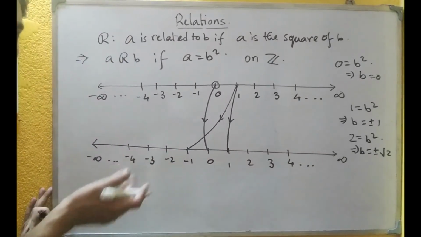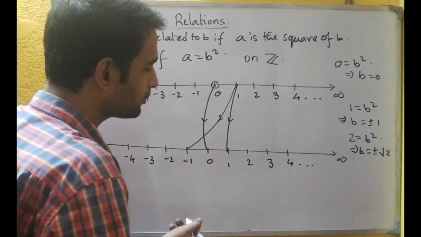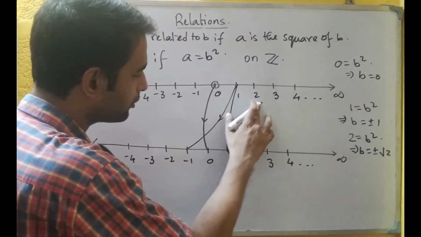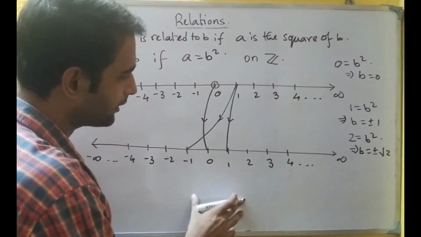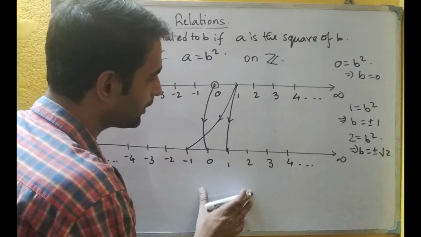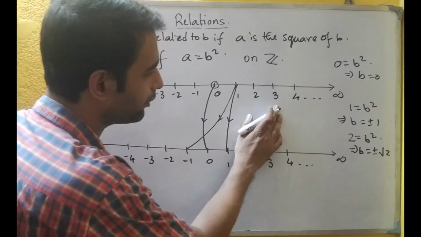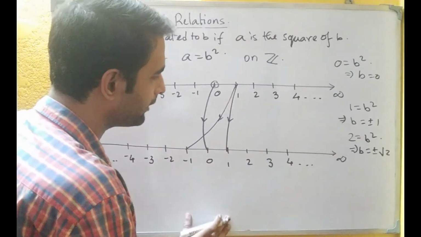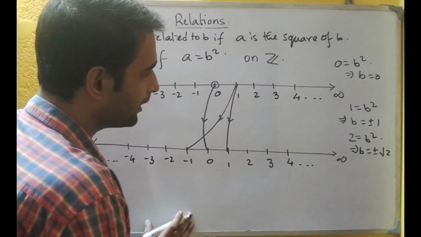It is not an integer number, root 2. So this element 2 should be related to no one in the set of integers. Similarly, the element 3 will not be related to any element of this set.